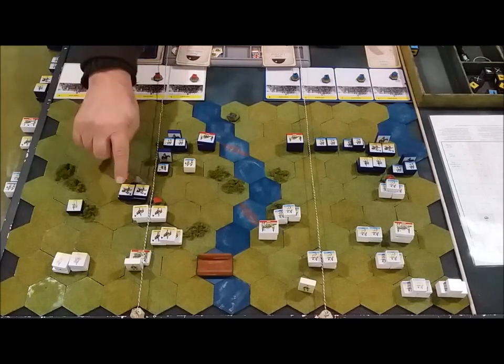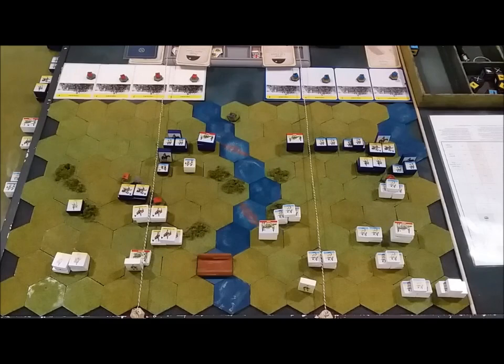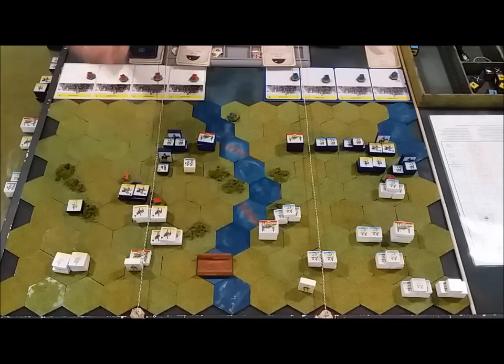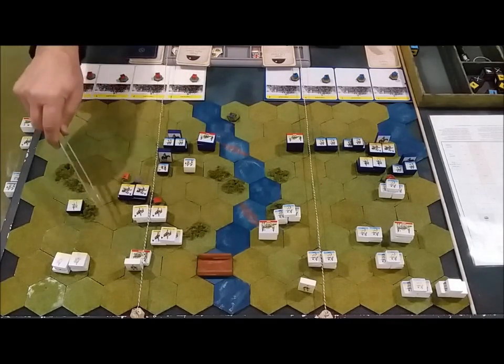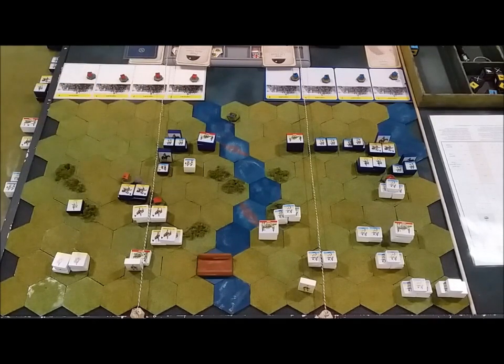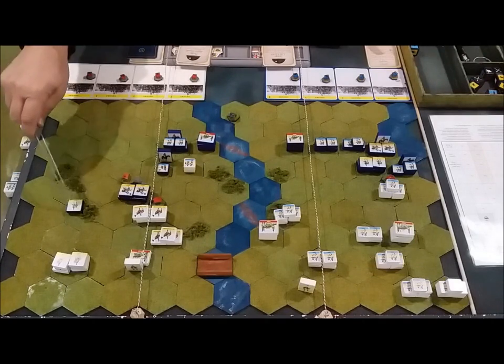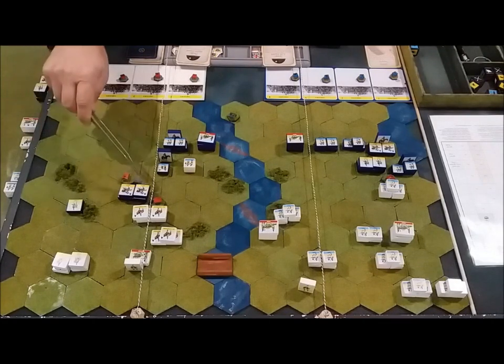So on the right we only have this heavy unit and the light unit there. We could do a do or die with the light unit back into here if we wanted to. In fact, we could do the attack into there with the heavy cav and bring the light cav back into here.